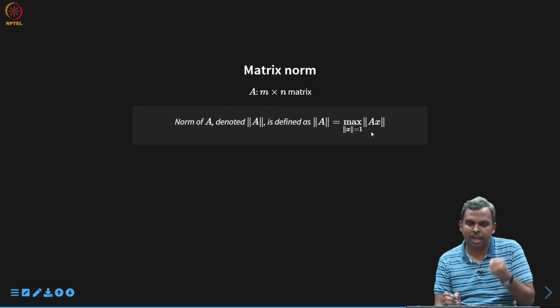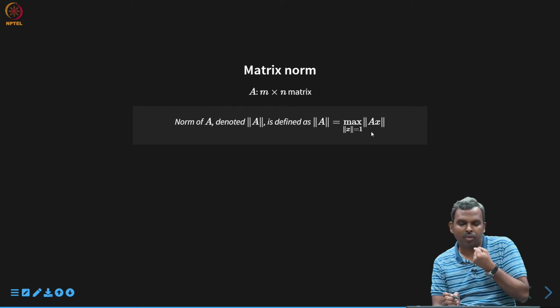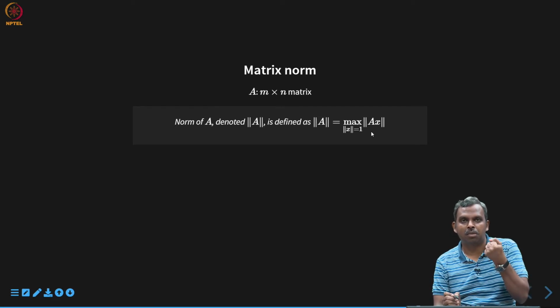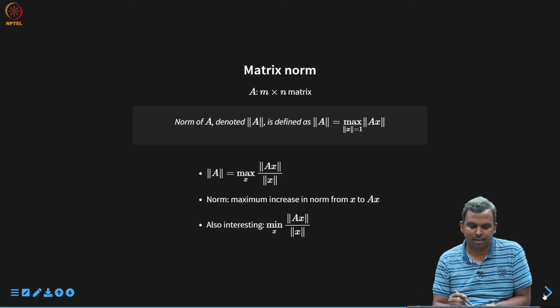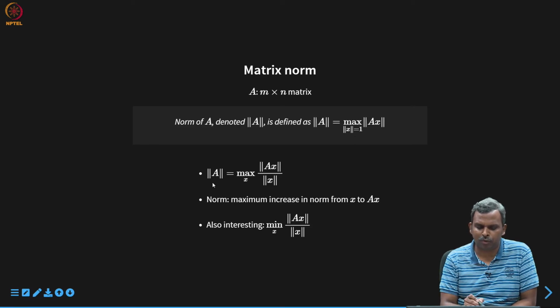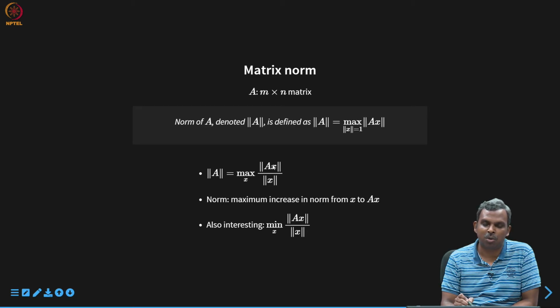X has a norm, Ax has a norm. What is the norm of A? It's the maximum amplification it can do to norm. Okay, so there is a sense in which this works out. Just like we looked at before, for norm A, instead of doing the constraint of norm x equals 1, you can say max over all x of norm Ax by norm x. It's the same thing because it's linear. You can push this x inside, so you have norm of A applied to x over norm x.